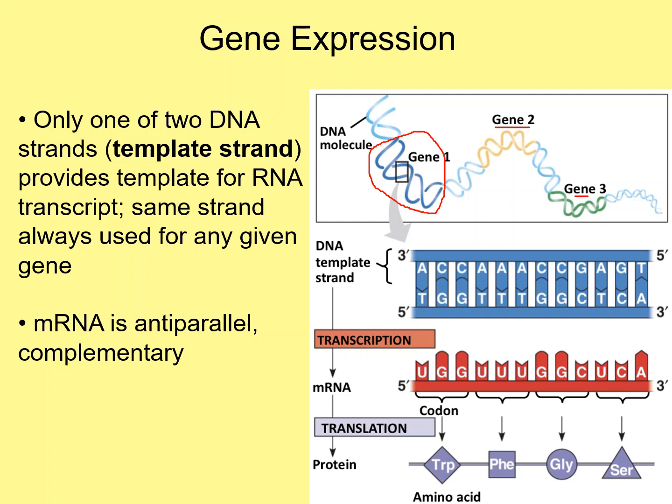So if I'm zooming in on my DNA here, we also notice that our strands are heading in the opposite direction, right? So one strand is 3' to 5', and the other one, the complementary strand, is 5' to 3', right? So you have a 3 to 5 and you have a 5 to 3, right?